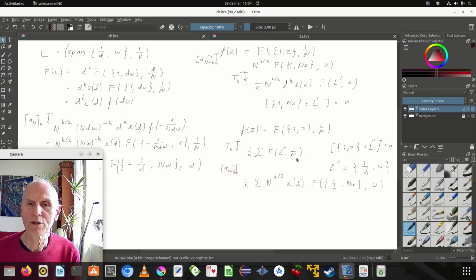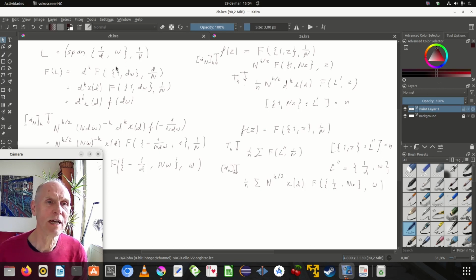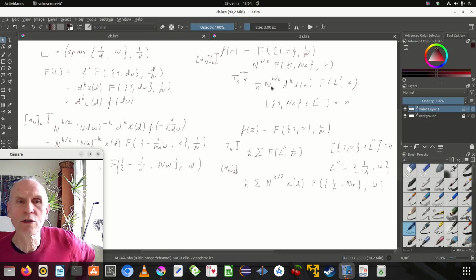So we need to find out what alpha n, it's capital N, does to these lattices. And I started with that up here. So we have given a lattice, and then f of L. First we take d out, then we get this. And then it occurred to me, and that was the solution.